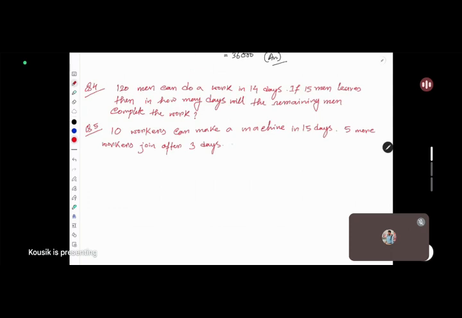Find the total number of days in which the machine will be prepared.